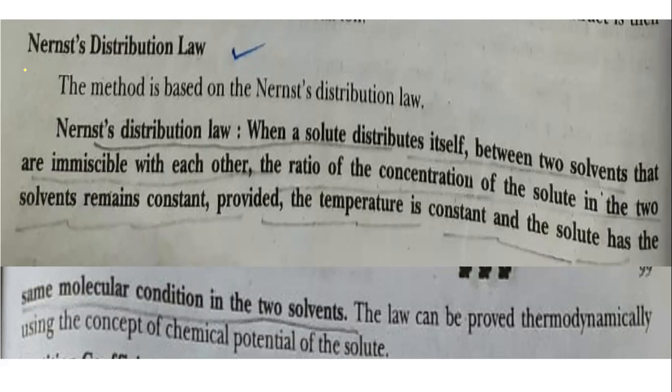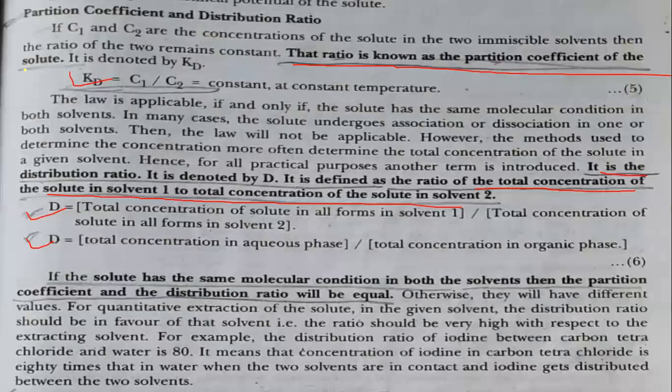Now both are together, petrol and water are together. What will happen? The ratio of concentration of that particular solute in the water and the petrol will remain constant, provided that the temperature is constant and the molecular conditions are the same in both the phases.